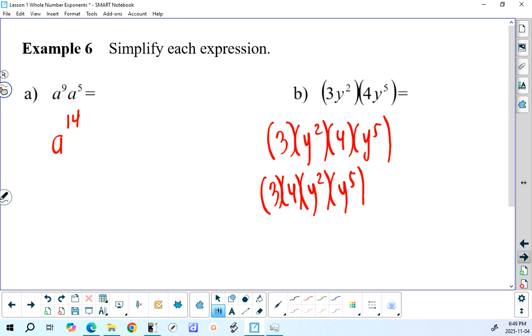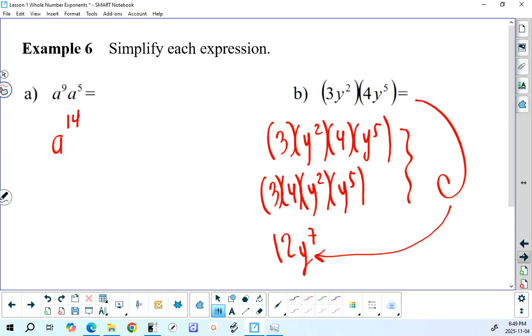And I can certainly multiply 3 by 4 to get 12. And I can multiply y squared times y to the 5 by adding the exponents to get y to the 7. All of this is not necessary. I think most people will just say, I'm going to multiply the coefficients and I'm going to multiply the y's and be done with it.